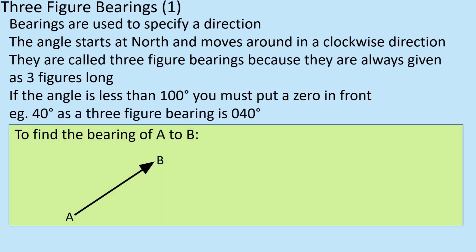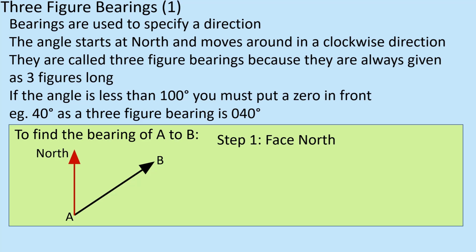To find the bearing of A to B, and again, this is about terminology and being careful with the words, this is A to B, not A from B. I'm going from there to there, so you can see the arrow. Step 1, face north. There's the north line, so I need to put that in, and often that is the case.